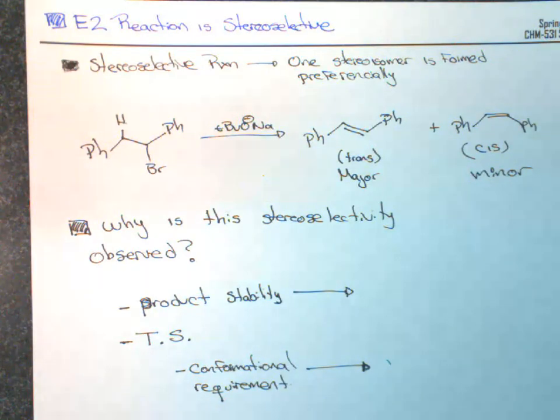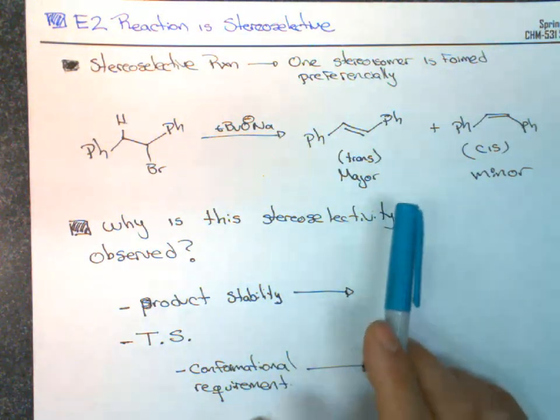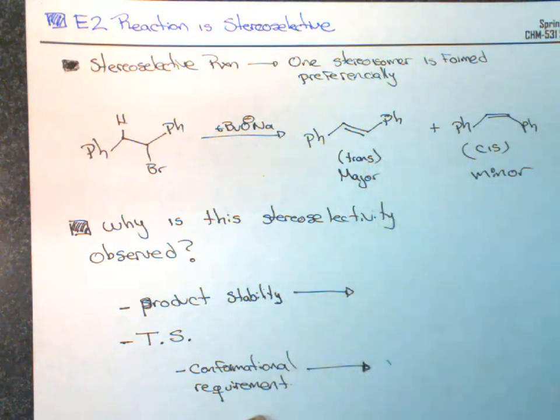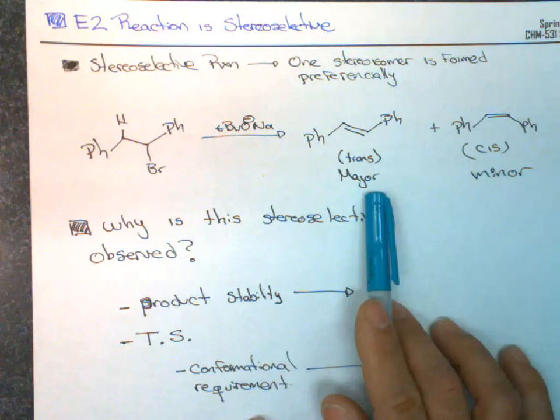Stereoselective means that it preferentially gives one stereoisomer over the other, when there are possibilities of forming stereoisomers. Having gone over chapter 5 at length, I expect all of you to understand what a stereoisomer is. One stereoisomer is preferentially formed over the other.